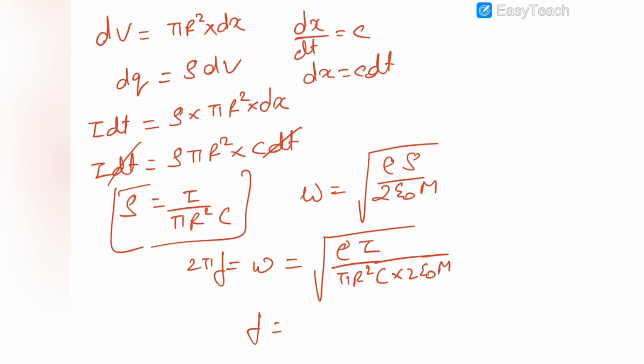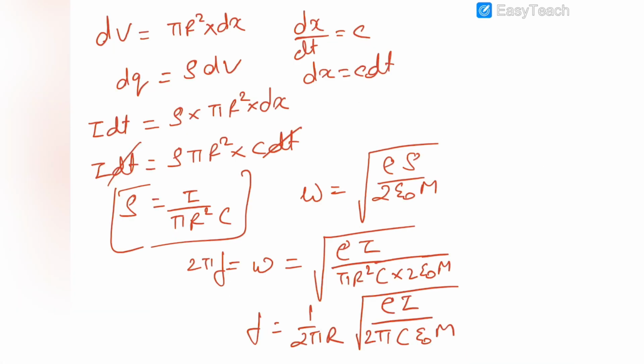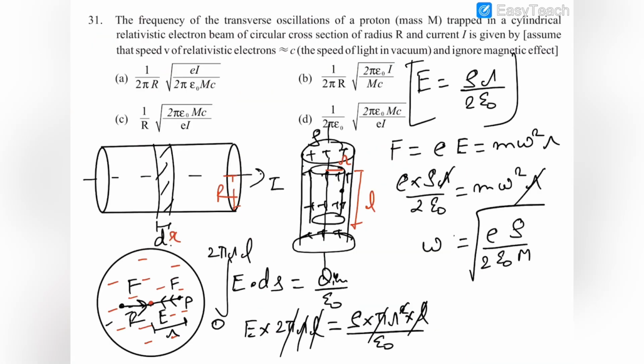So f will be equal to 1 upon 2 pi. Taking r common, it would be e I by pi 2 pi c epsilon naught m. So you can see that this is 1 upon 2 pi r times the square root of e I by 2 pi c epsilon naught m. So the correct answer is option number A.